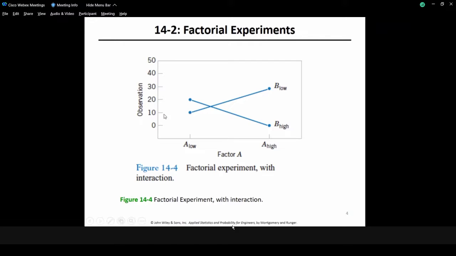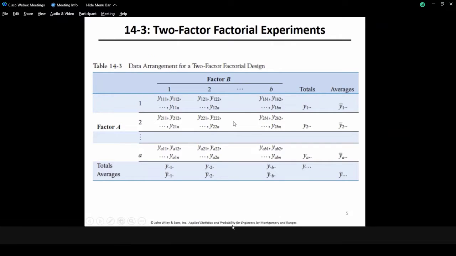Between the factors, in this particular case factor A and factor B, you should assume. As I mentioned, always remember this is your data collection sheet.